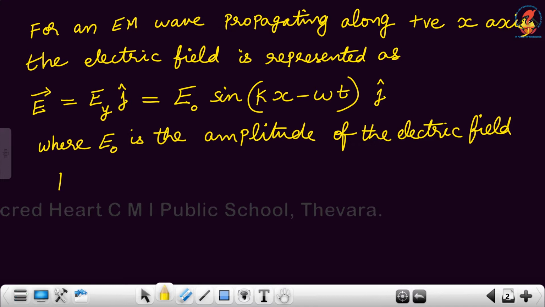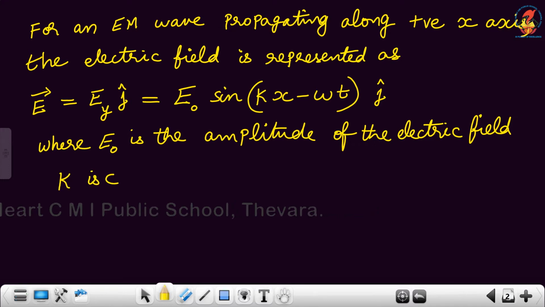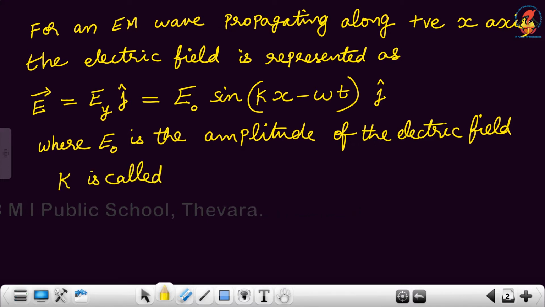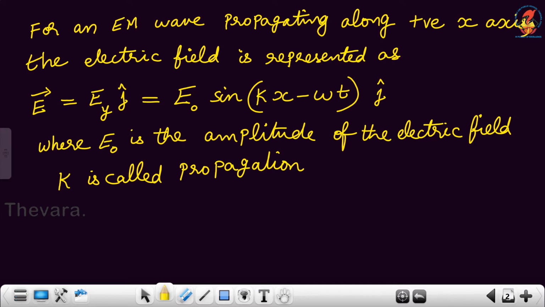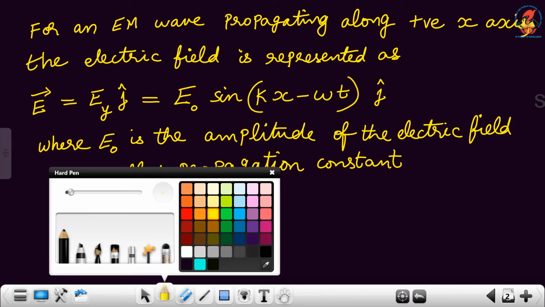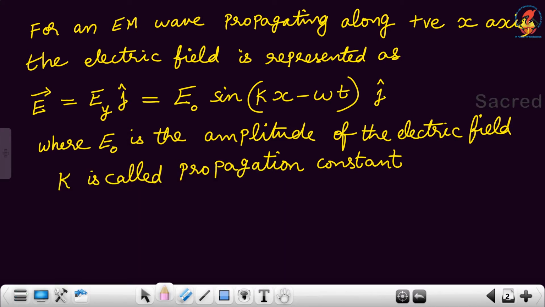K is called the propagation constant, and the value of K is given as K equals 2 pi by lambda.